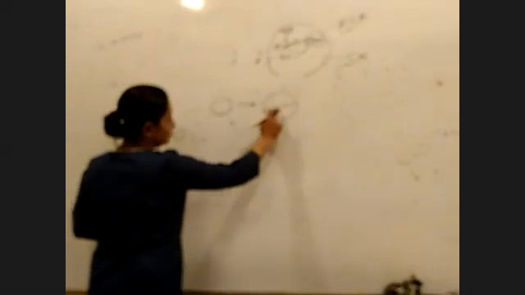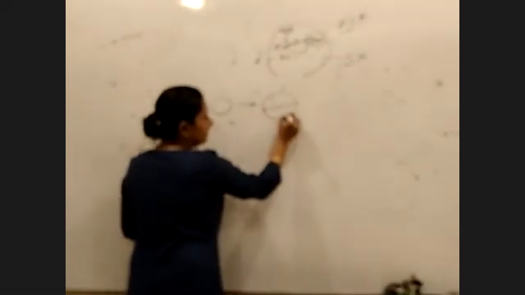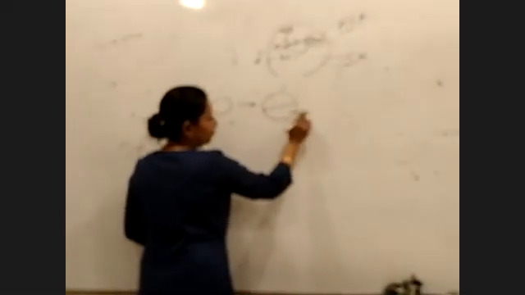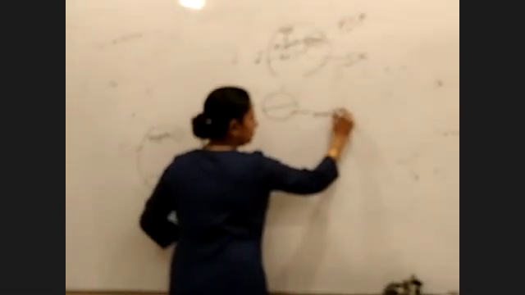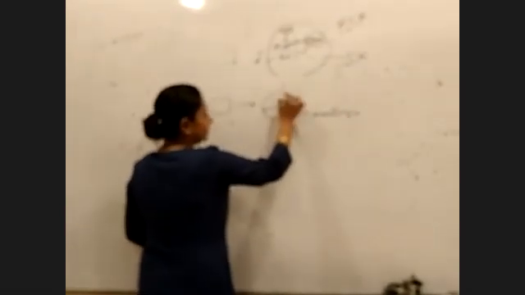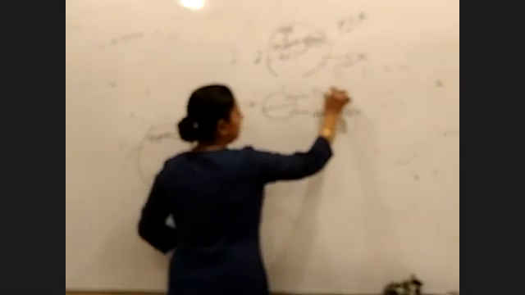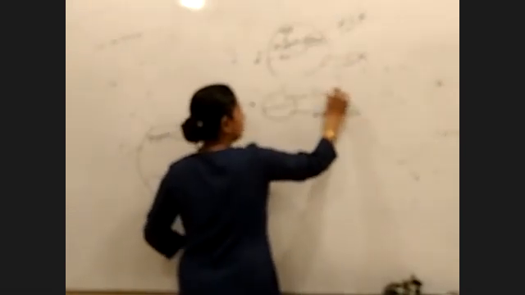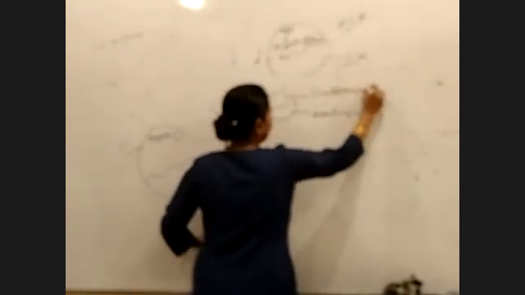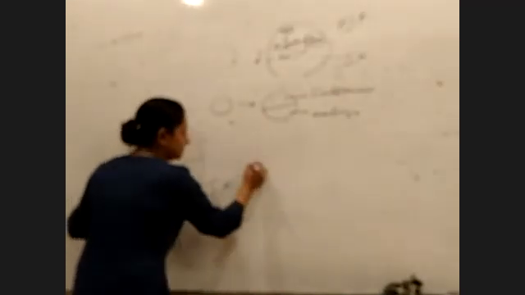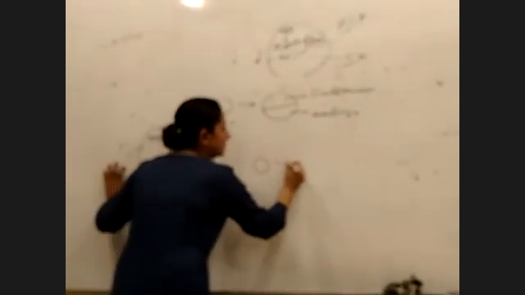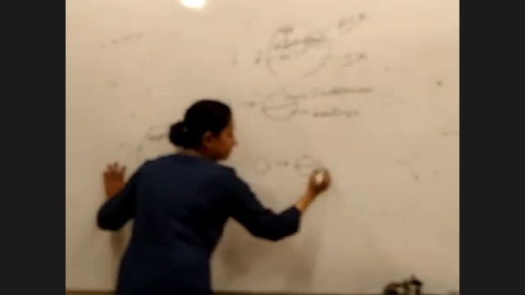So this single cell will divide into two cells. Inside, this cell will form the embryo. This cell will form a collection of cells that is called the suspensor.